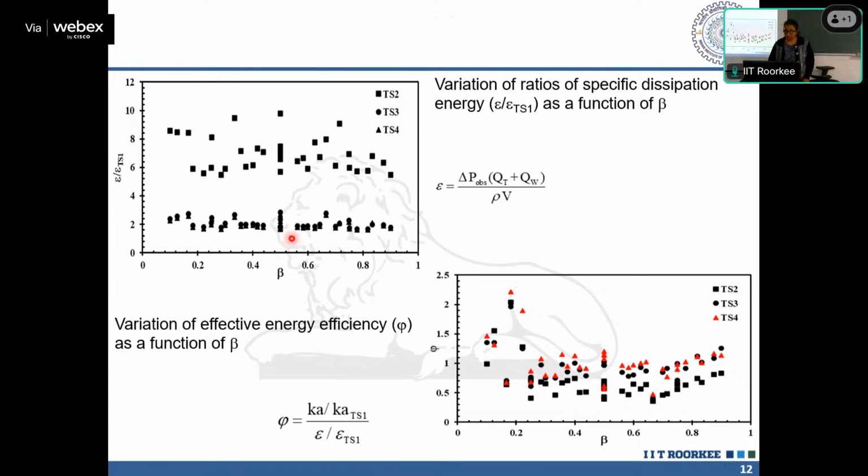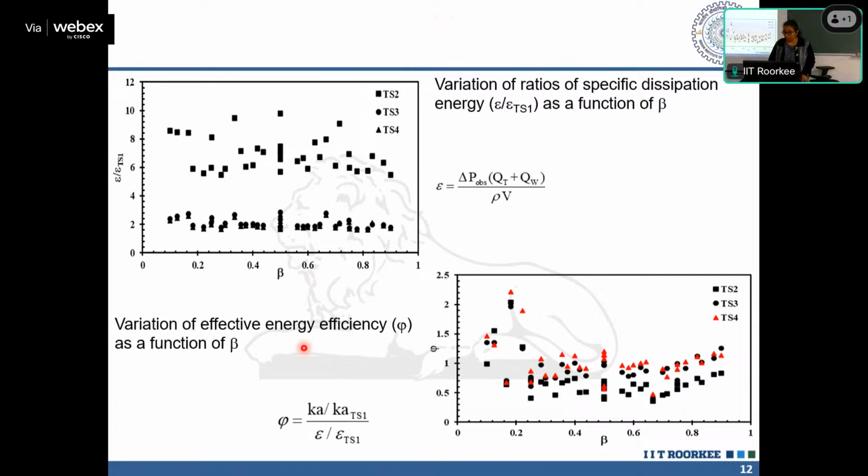Here you can observe TS2 giving you the highest efficiency, but its viscous dissipation with respect to TS1 is the highest, followed by TS2 and TS4 points, but it is majorly dominated by TS2 with a very high ratio of specific dissipation.